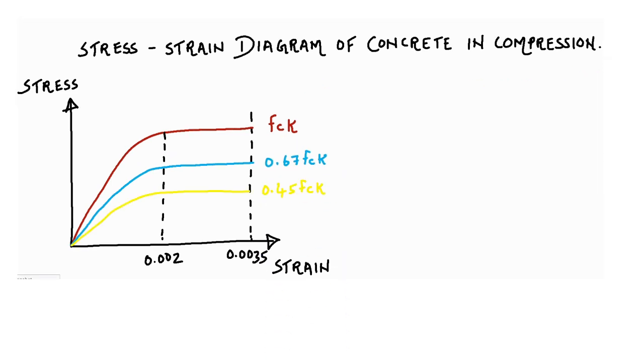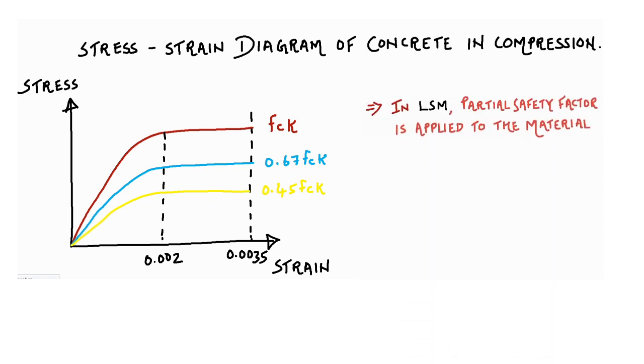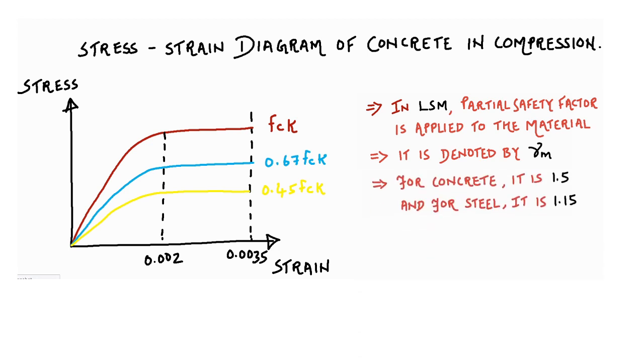Now again this value is reduced to 0.45 FCK. One more reason we need to see is why the value is further reduced from 0.67 FCK to 0.45 FCK. In LSM, the limit state method, partial safety factors are applied to the material. It is denoted by gamma M. For concrete, we can take it as gamma MC associated with the concrete.